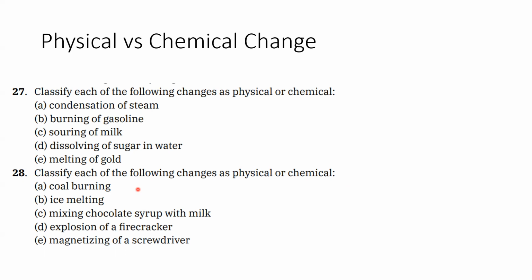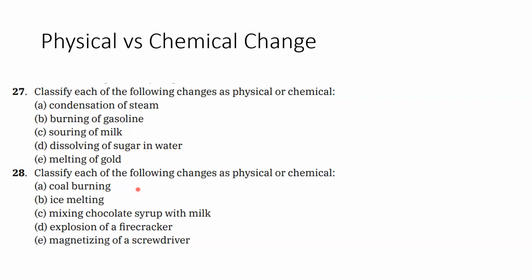Because when we're looking at the first one, condensation of steam, like we were just mentioning before, all of the phase changes are just going to be physical. So when we're looking at these, condensation of steam, melting of gold, so A and E for the 27th one, ice melting for number 28 below it.